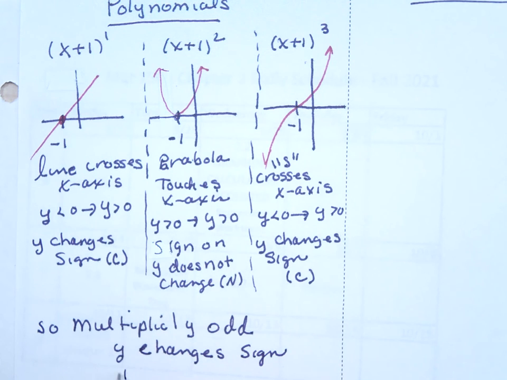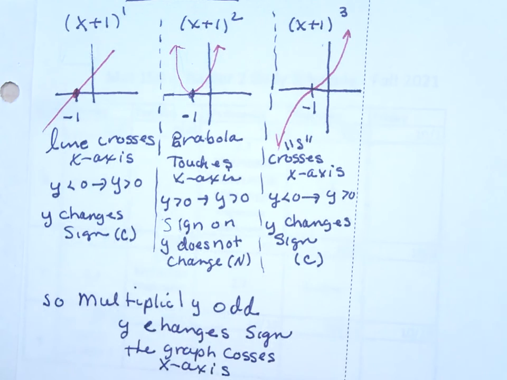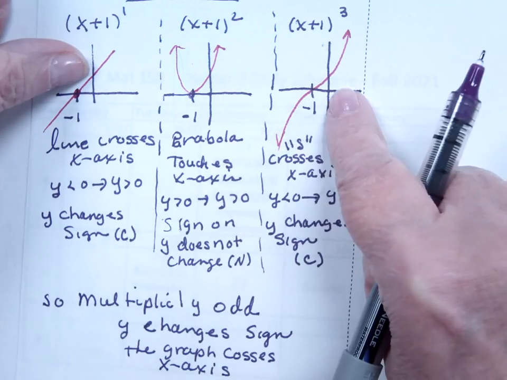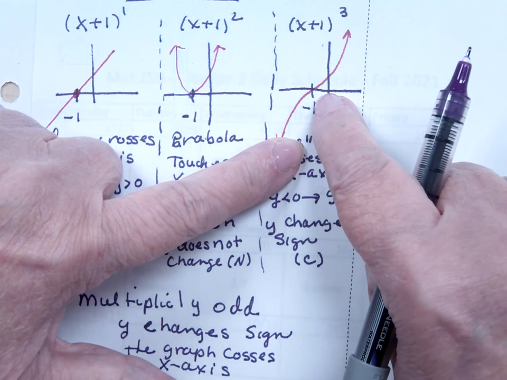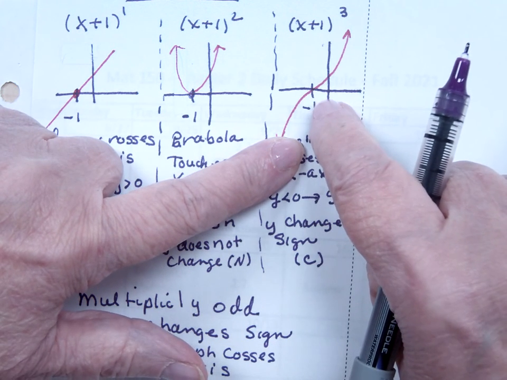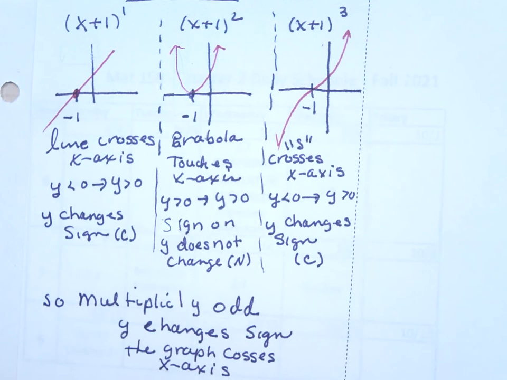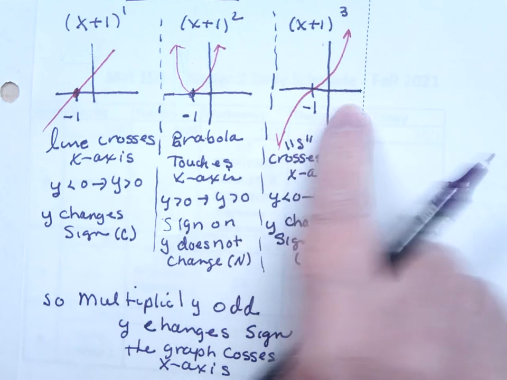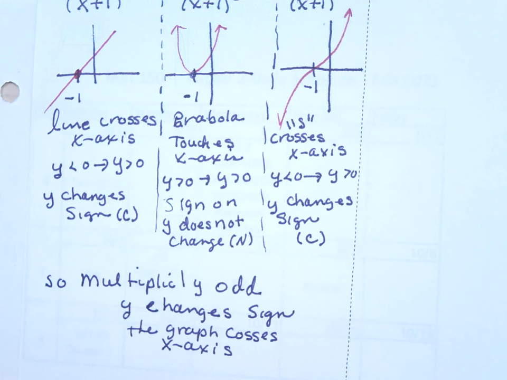The graph crosses the x-axis. So y changes sign. So odd is 1 and 3. X plus 1 to the 5th looks like this. 7th looks like this. 9th looks like this. So 1, 3, 7, 9. If you've got an odd multiplicity, then across that 0, y will change sign. Plus, minus, minus, plus.